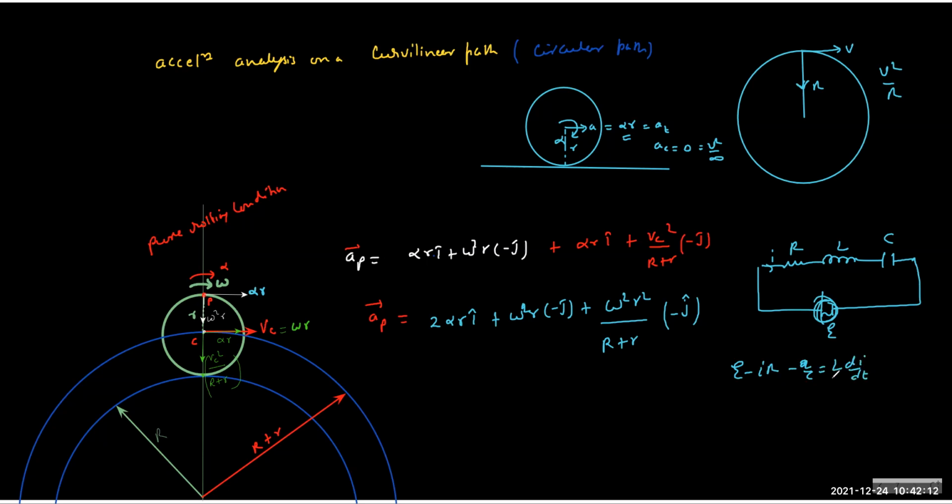Now you will understand that this is mass, this is acceleration, this is spring force, this is drag force, this is applied force. What I'm writing is basically F minus Bv minus Kx equals M into a.